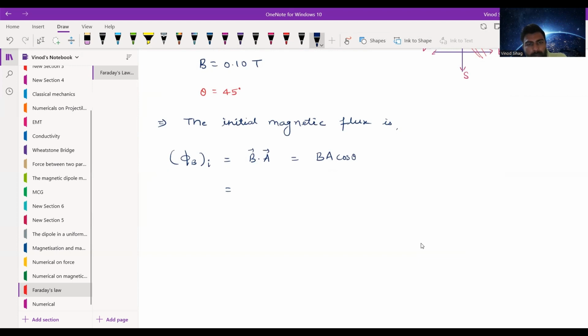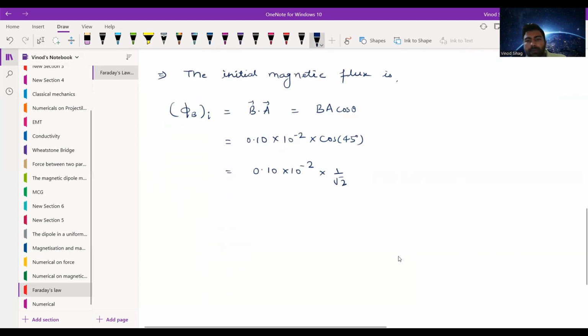The value of B is 0.10 and the value of A is 10 to the power minus 2 into cos 45 degree. Now its value will be 0.10 into 10 to the power minus 2 into 1 by square root 2. Its unit will be Weber. Okay, the unit of magnetic flux is Weber. So phi b initial is 10 raised to the power minus 3 upon square root 2 Weber.